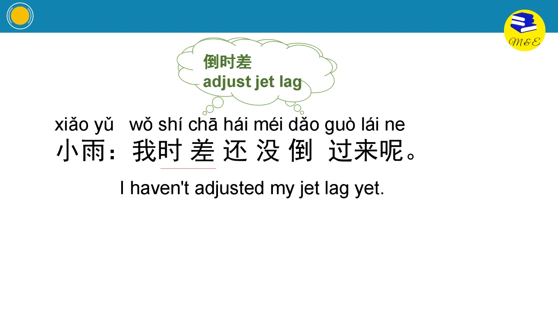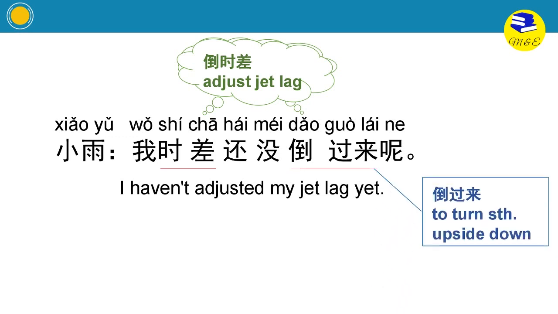But here we have 倒过来. Yes, this is another phrase I want to explain. 倒过来. Why do we say 倒过来 here? This phrase means to turn something upside down. So you may have a question: why do we say 倒过来时差, you don't say just 倒时差, right? Yes.